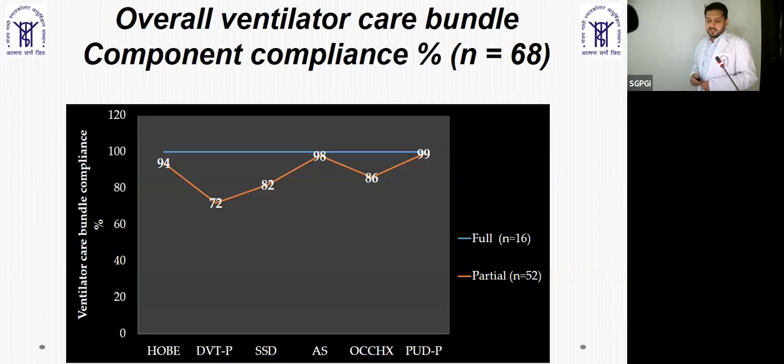Individual components: 94% compliance was seen in head end of the bed elevation, 72% for DVT prophylaxis, 82% for subglottic secretion drainage, 98% for assessment of sedation, that is sedation vacation, 86% for oral care with chlorhexidine, and 99% for stress ulcer prophylaxis.